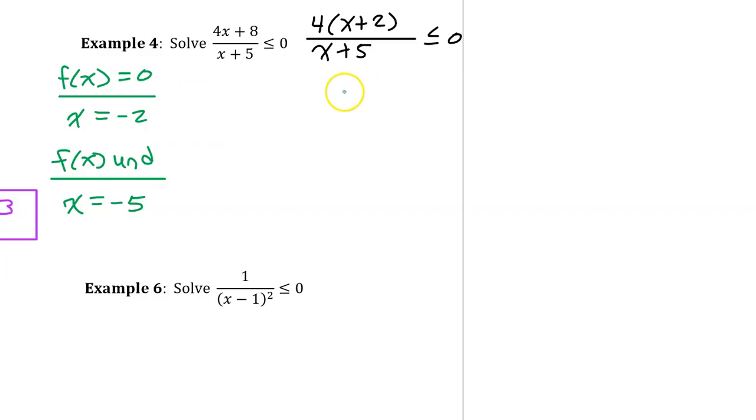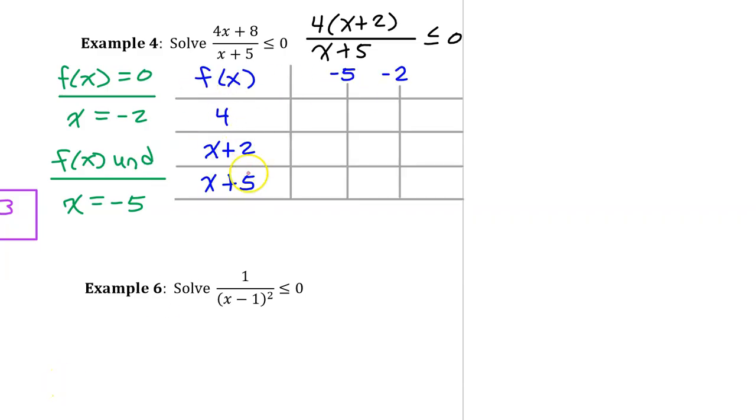Time to make a sign chart. Set up your sign chart like this. The factor of 4 is always positive because it is a constant. X plus 2 gave us the 0 of negative 2. It will be negative to the left and positive to the right. X plus 5 gave us the 0 of negative 5. It will be negative to the left and positive to the right.